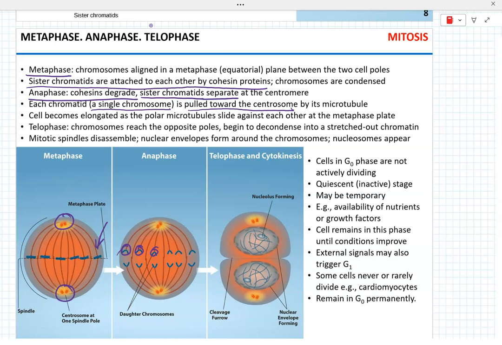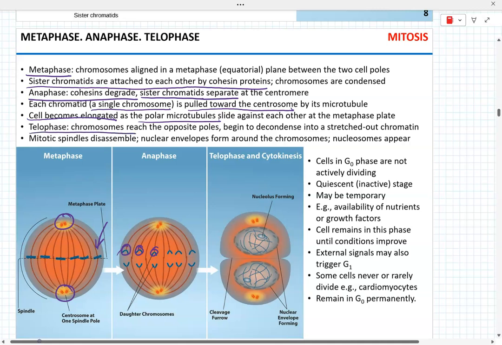At this point, polar microtubules slide against each other at the metaphase plate, elongating the cell. And once sister chromatids are fully separated and turned into assembly of the chromosomes, telophase starts.